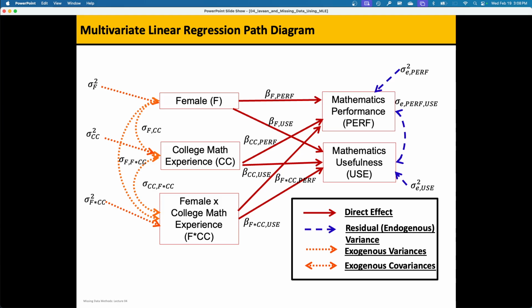That's how Mplus defaults. So mimic equals Mplus is going to only put these two variables in the likelihood. But if you want these variables in the likelihood, you have to work a little bit harder. I can show you how to do that.